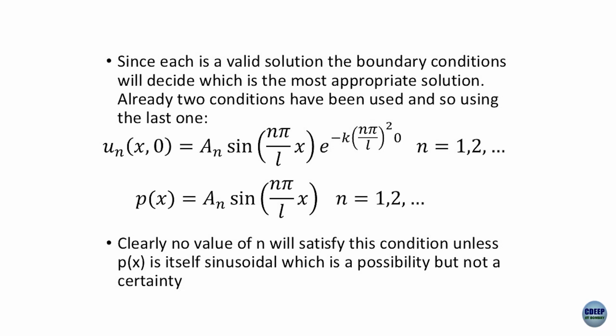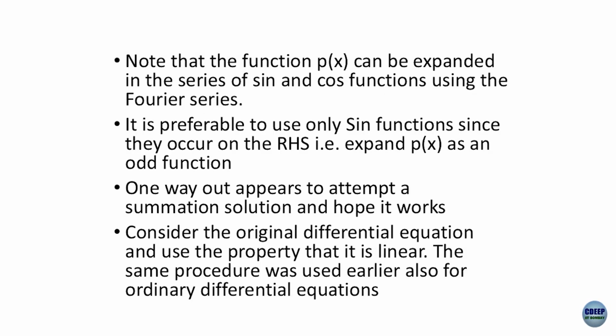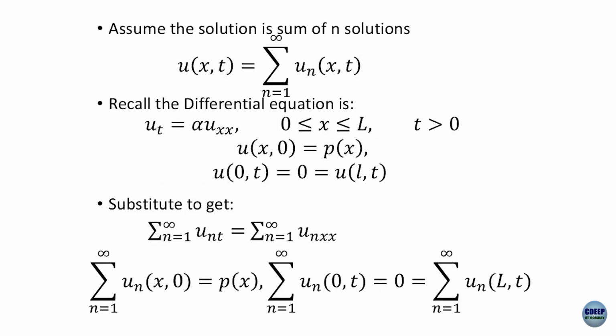So what you hypothesize is that maybe I'm going to attempt a solution that has got a sum of the solutions because my equation happens to be a linear equation. So we said that we are going to hypothesize that U is going to be summation of a large number of UNs. That's perfectly fine.